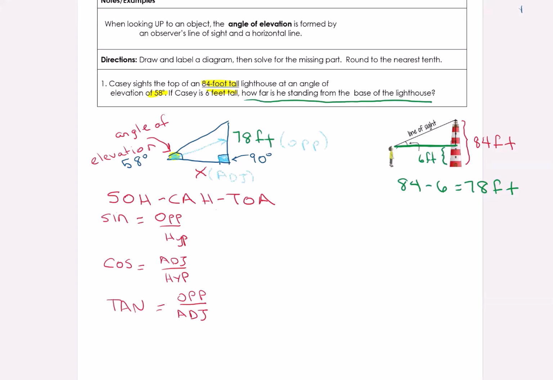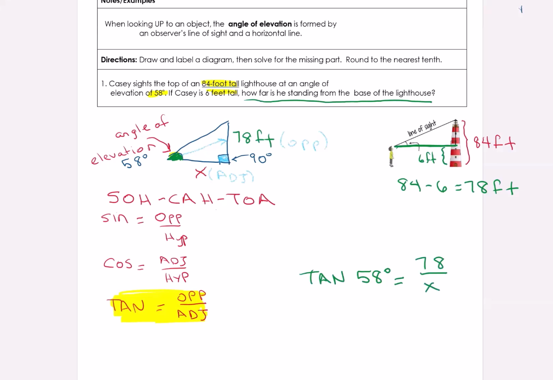If I have opposite and I want to find adjacent, then I am going to use my tangent function. And I'm going to write it as the tangent of 58 degrees, that's the angle I'm using, is equal to the opposite, which we said was 78, over the adjacent, which we said is x.